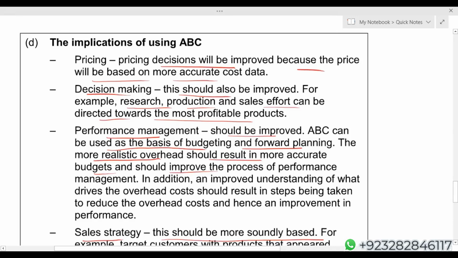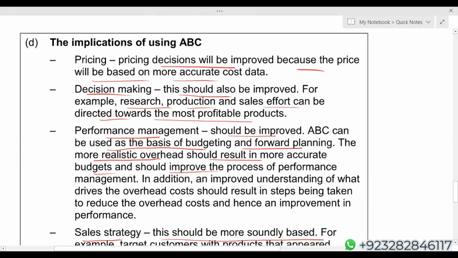Now, students, this is just the first question, and I've already mentioned that you will not be examined on a long 20-mark question like this in section C, but ABC is still examinable in section B, and obviously in section A as well.